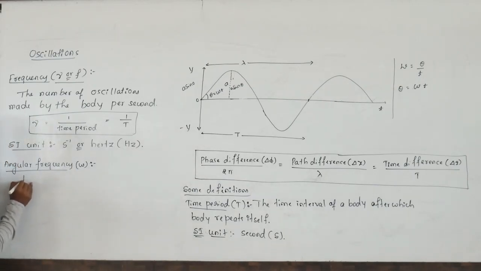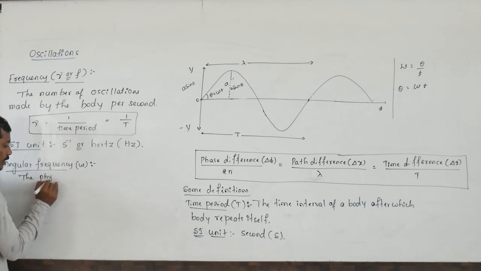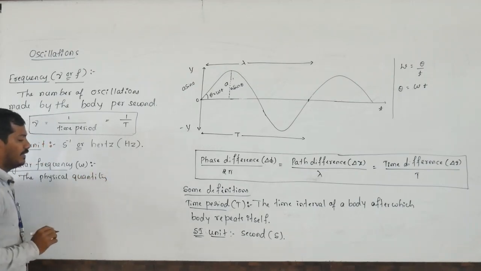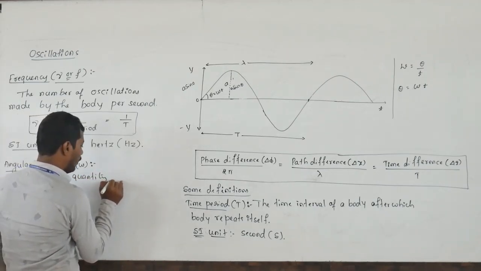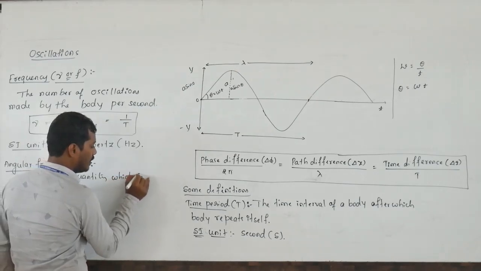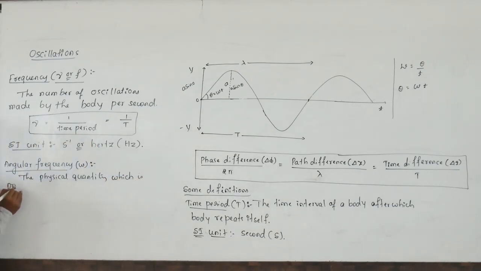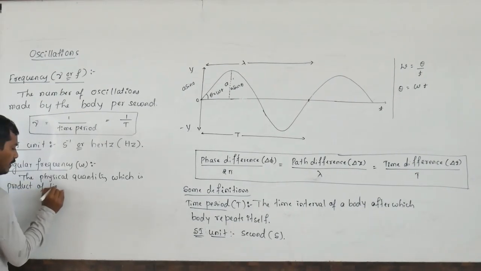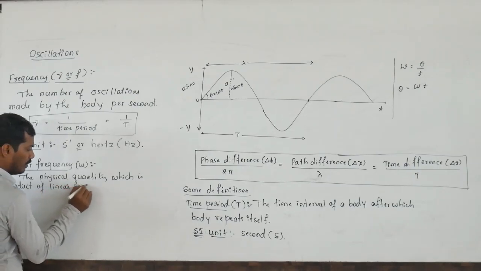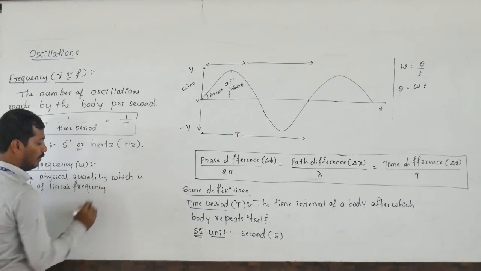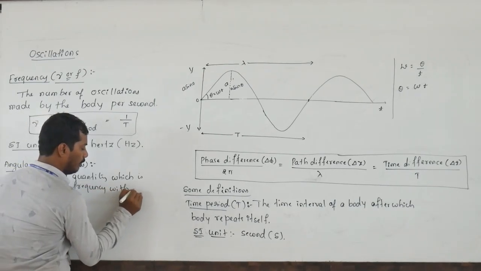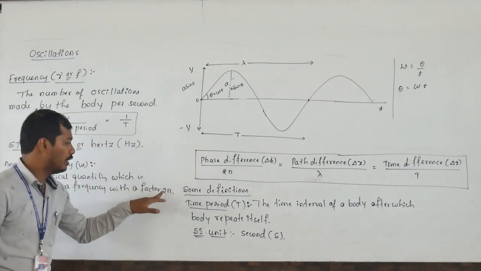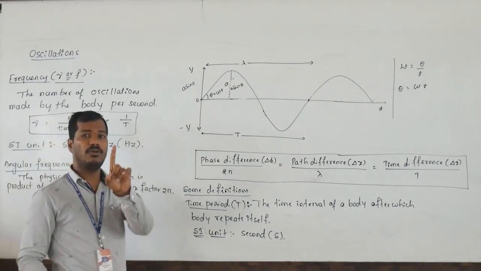It is the physical quantity which is the product of the linear frequency with a factor, and that factor is 2 pi. Here the 2 pi is nothing but the angle for one revolution.